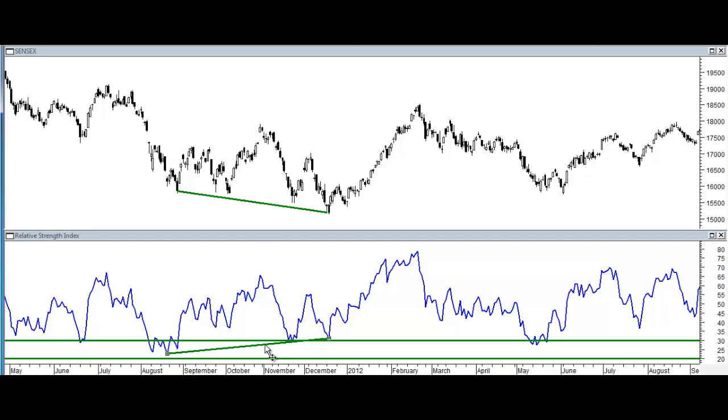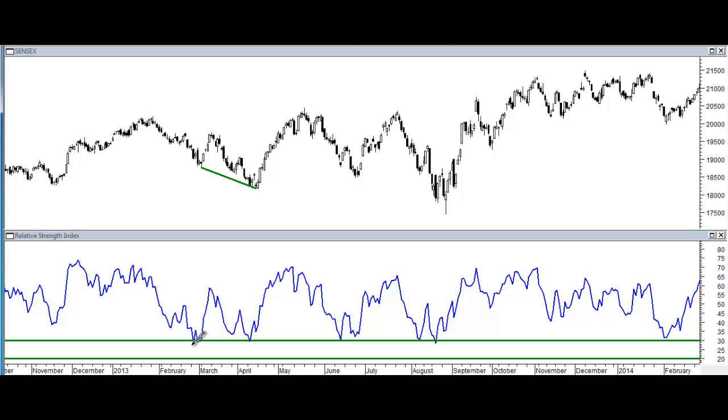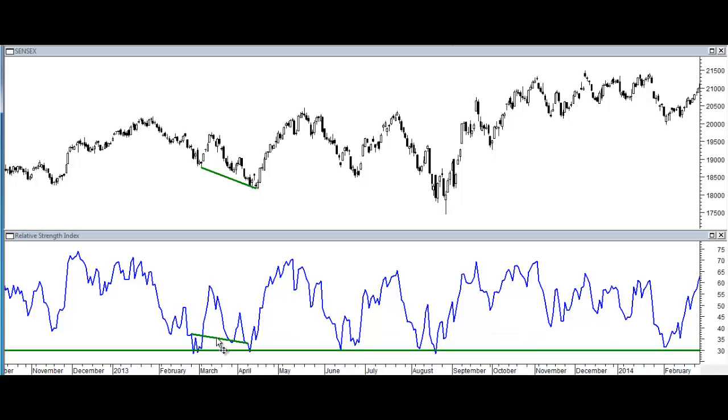Now let's look into the latest. See, again over here also you can see that RSI has given positive divergence, and prices made a lower low, but RSI made a higher low, which indicates the positive divergence in place.